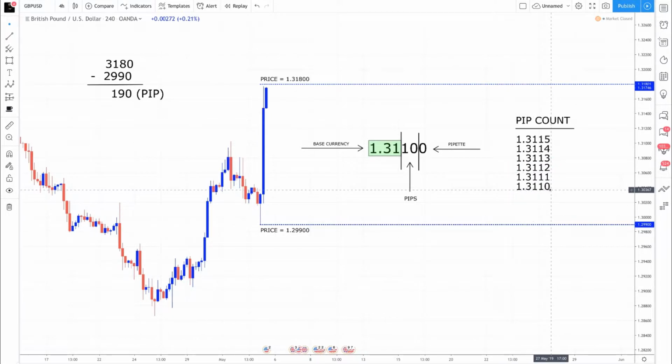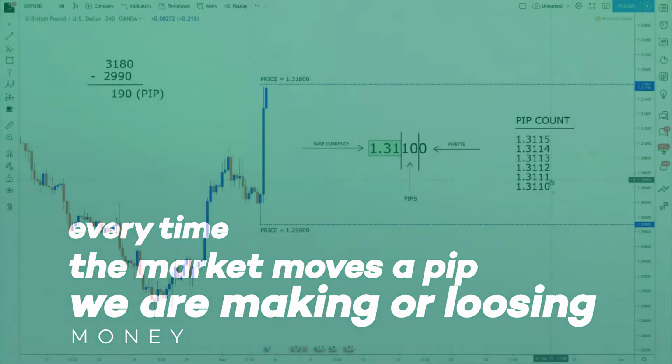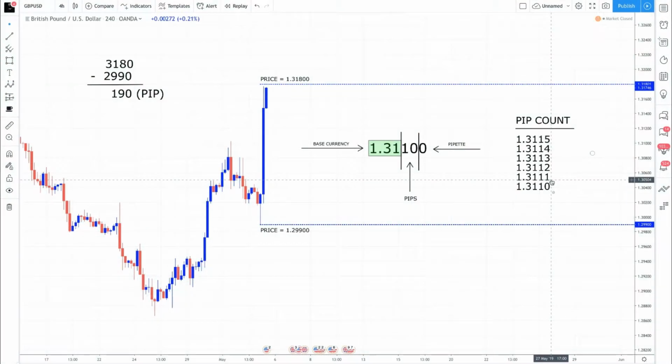When the exchange rate changes from 1.3110 to 1.3111, this is the pip count going up by 1. Every time the market moves a pip, we are making or losing money. As the value continues to rise, the pip count will continue to rise: from 1.3111 to 1.3112, to 1.3113, to 1.3114, to 1.3115. So as you see, it's continuing to rise.